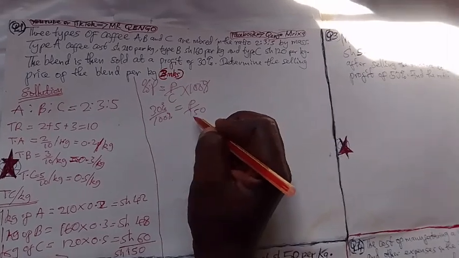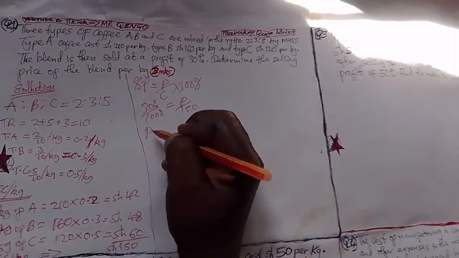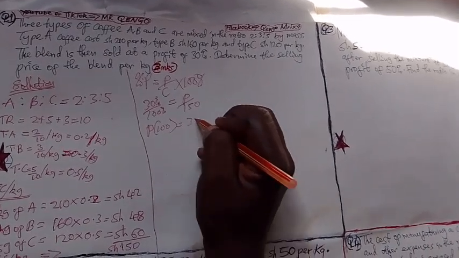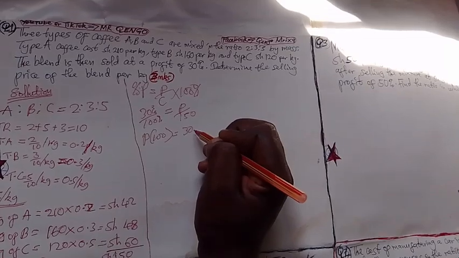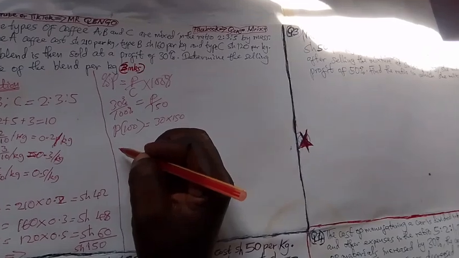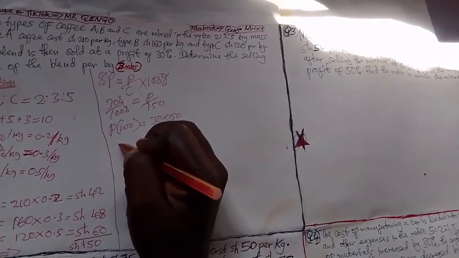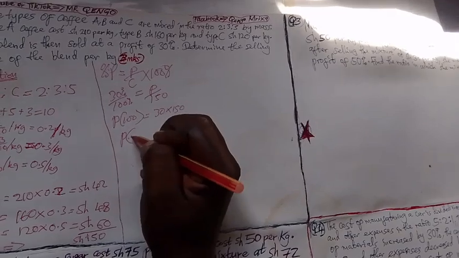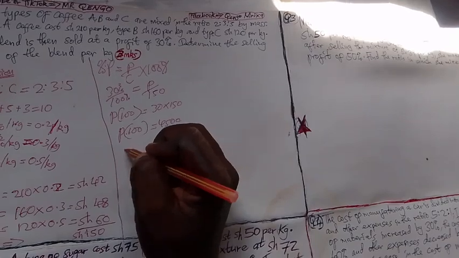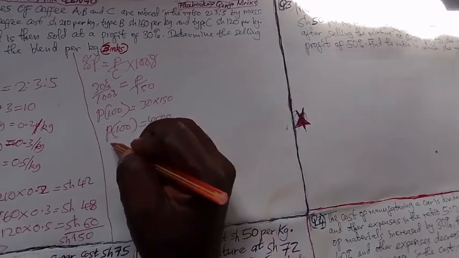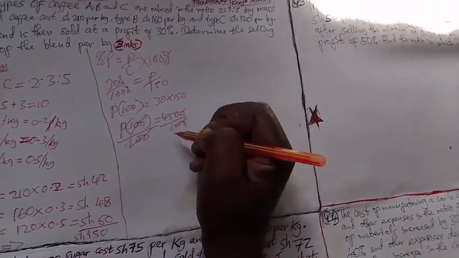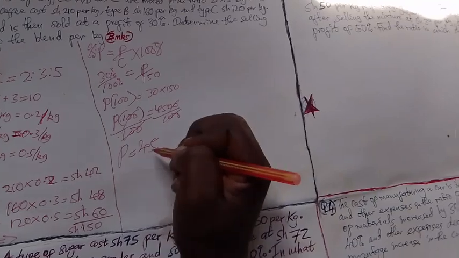By cross multiplying this, we get profit times 100 is equal to 30 times 150. Profit times 100 is equal to 4,500. Now, by dividing through by 100 to get profit, here we get profit is 45.